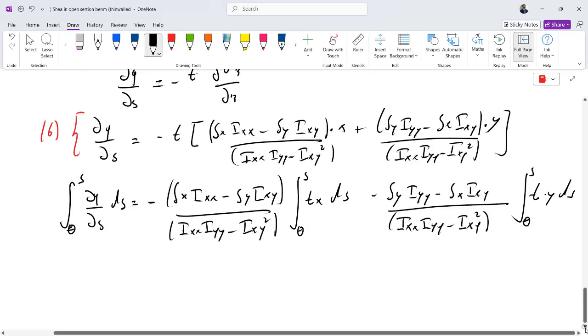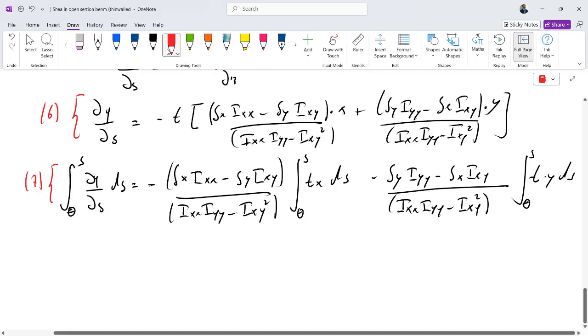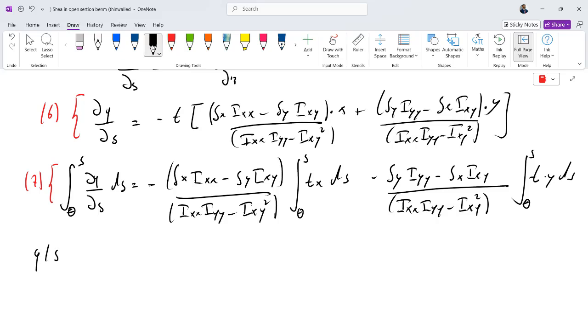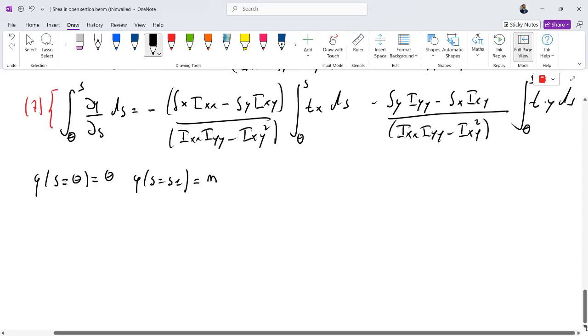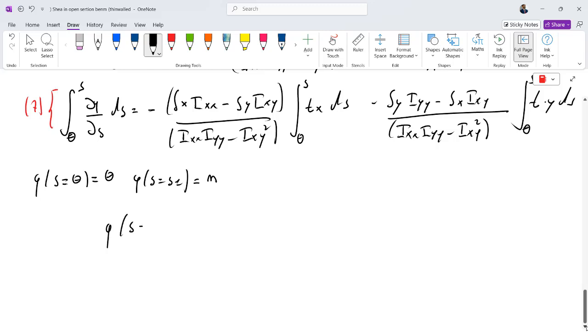So this is the seventh equation. If I choose this abscissa such that at a certain point, Qs at 0, the shear flow is 0, and at s equal to s1 it equals a certain value, I can write the seventh equation as Q at s equal s1 minus Q at s equal to 0 equal all this stuff that is right here.